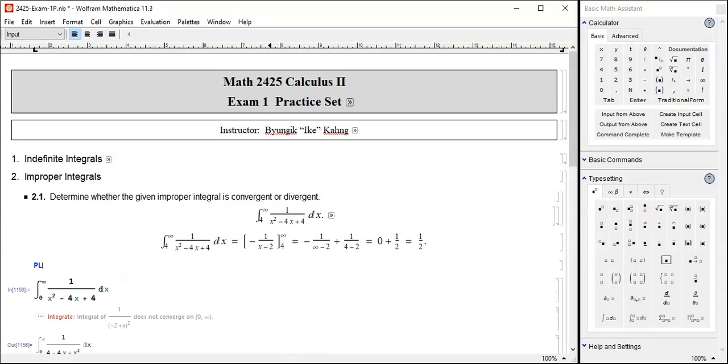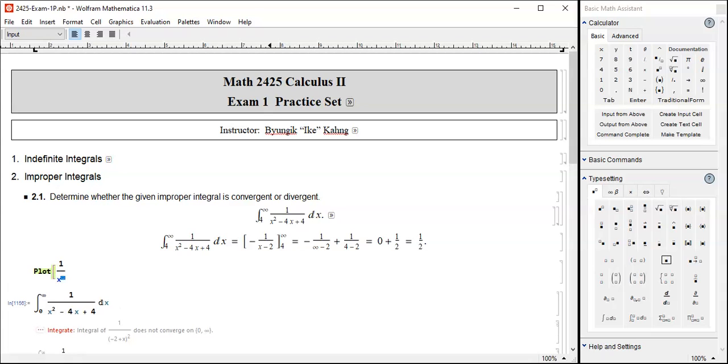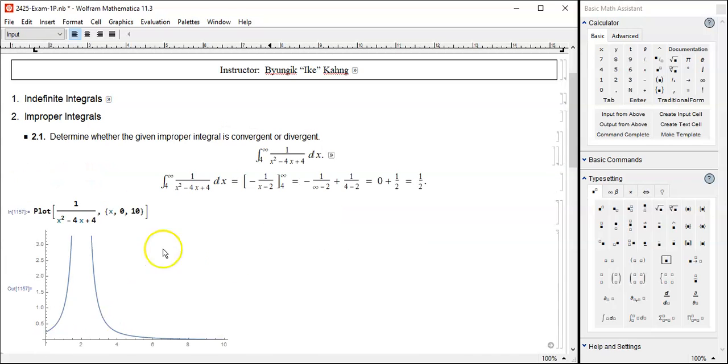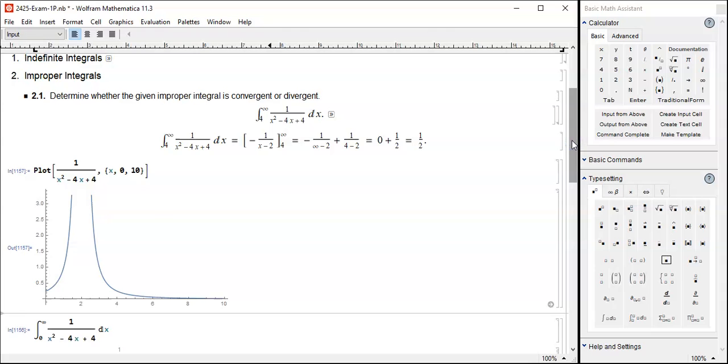x squared minus 4x plus 4. Okay, here's a graph. If you take the integral from 4 to infinity, then 4 is over here and this part, that really small part, that's something we are considering.